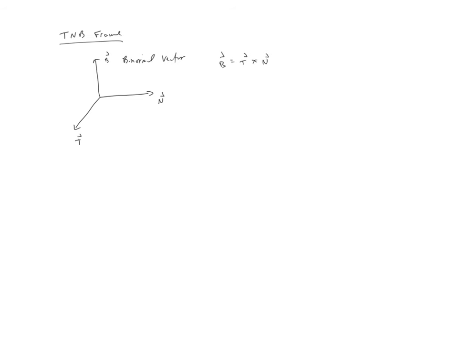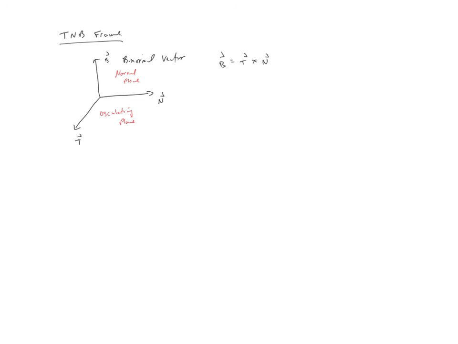Okay? So this frame that we see right here actually has three important planes that we discuss. We've got this plane right here, this plane right here, and this plane right here, and they all have names. The first one that I'll mention is the osculating plane, made by the unit normal and the unit tangent. The plane made by the unit normal and binormal will be the normal plane.